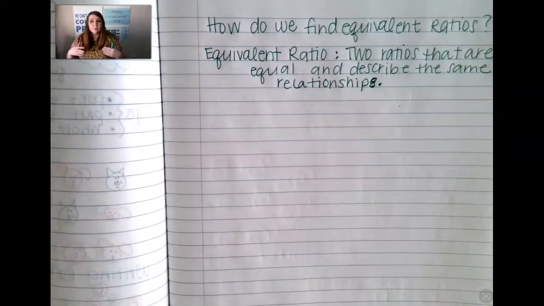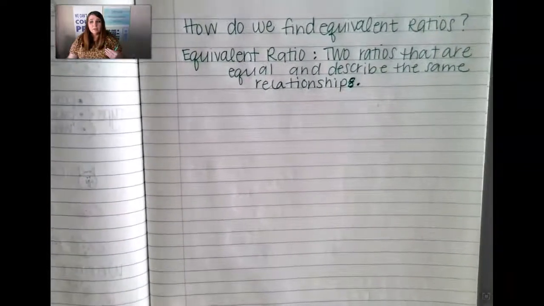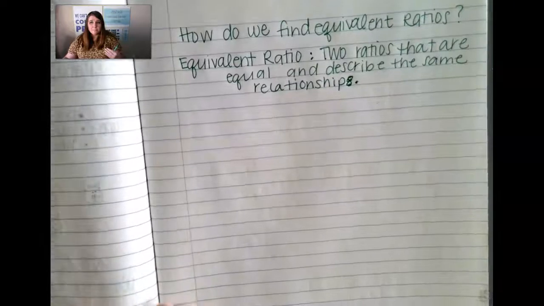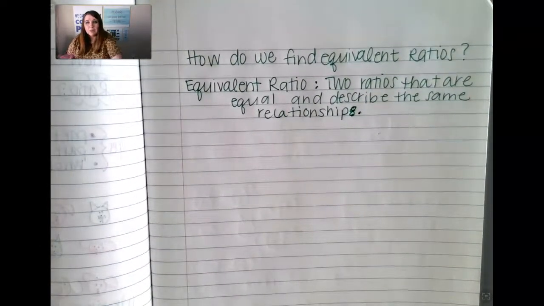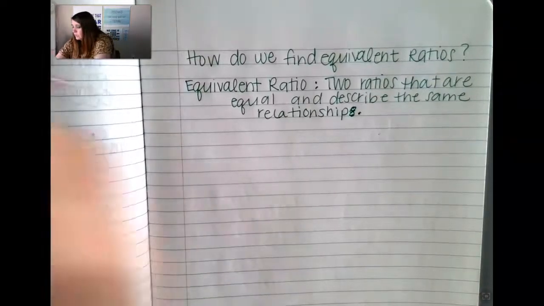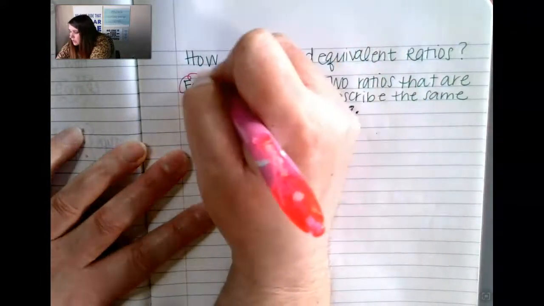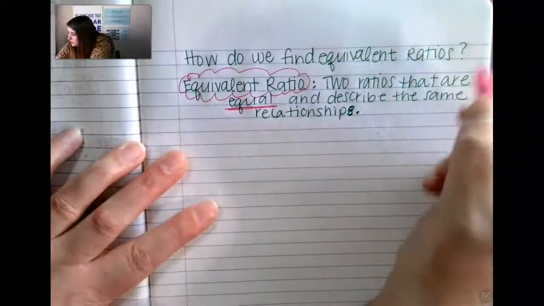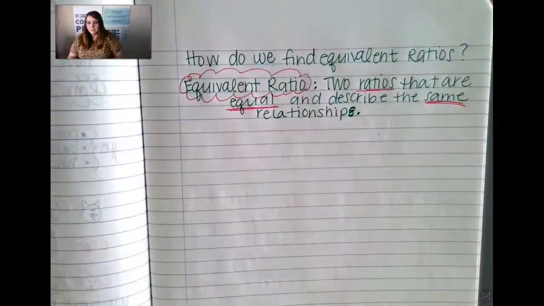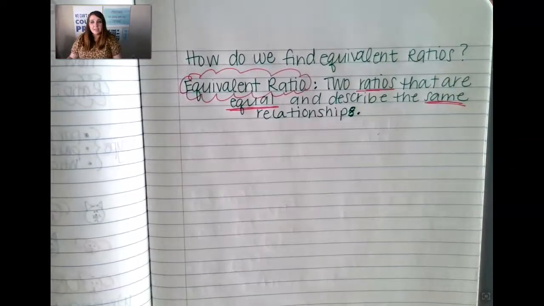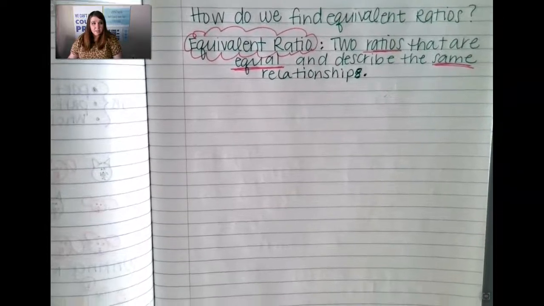And they're comparing the relationship between those two things. So when it's equivalent, it is the same type of relationship. So it's an equal relationship. All right, so equivalent ratios are equal. Ratios that are equal, they are the same. Okay, so we're looking for same things. All right, let's go and check out what this means.